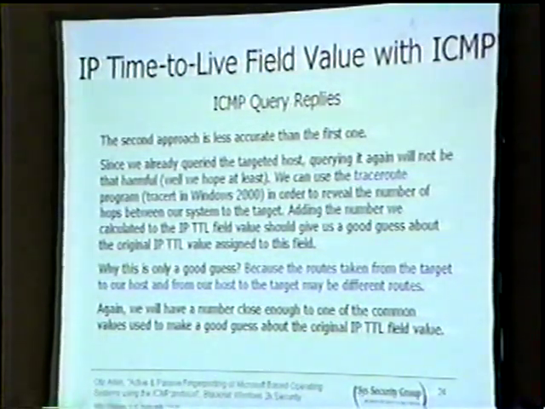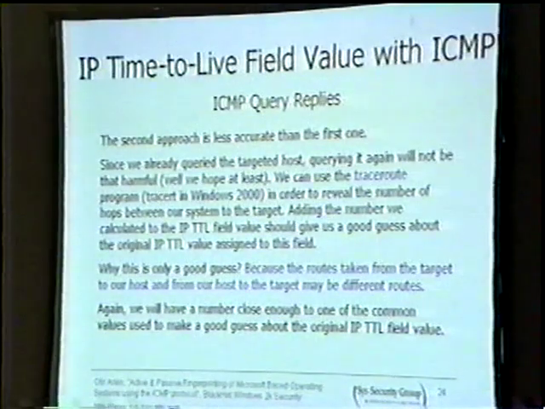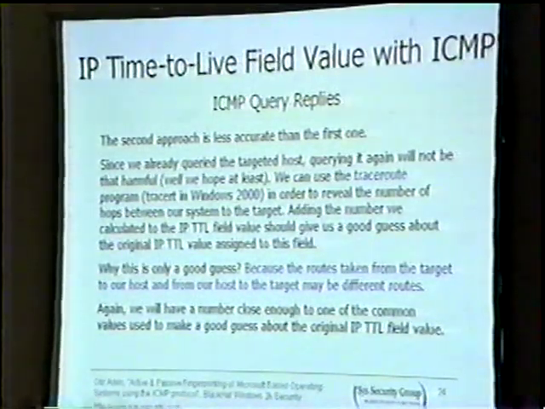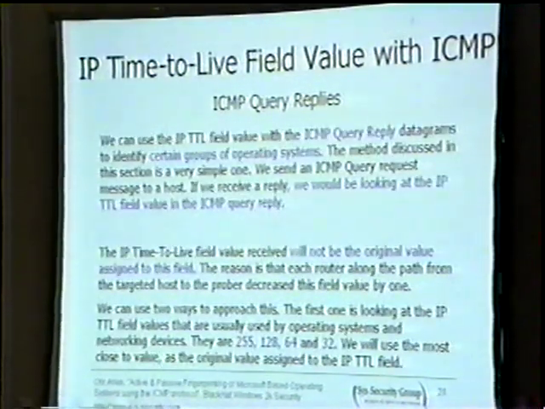Some people in the security industry use this approach to passively map a host. For example, when someone queries you, there is a unique IP TTL field value assigned, and they want to see what the accurate value was at first.